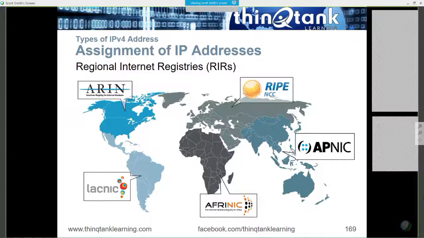75% of all of the public V4 address space is owned by ARIN, because the United States is kind of where the internet started, right? And that's where a lot of the address space was allocated initially. In IPv6, it's a little bit different.